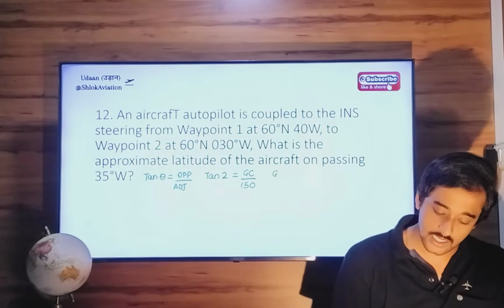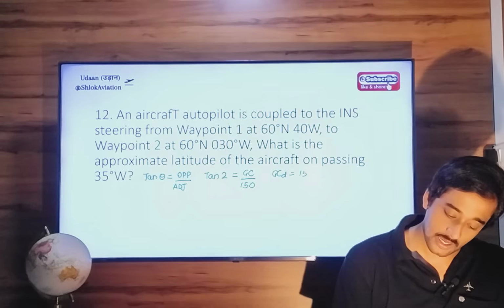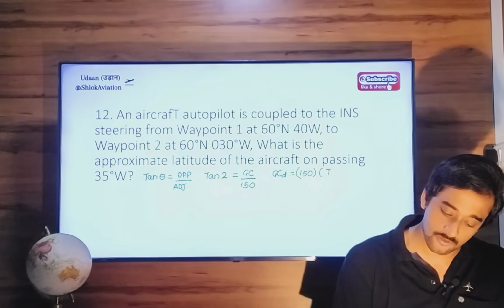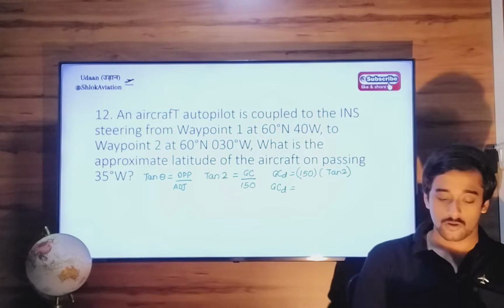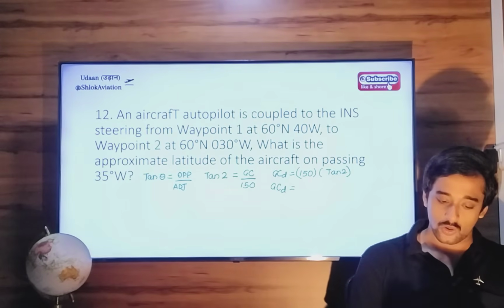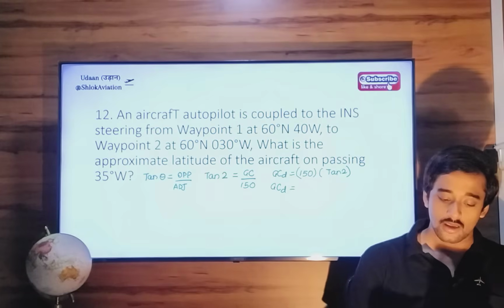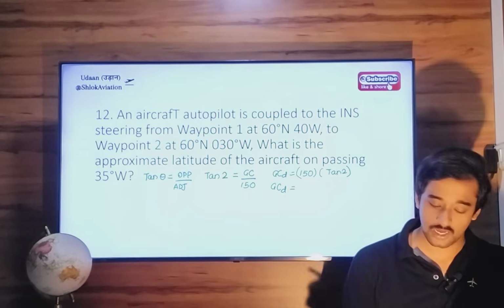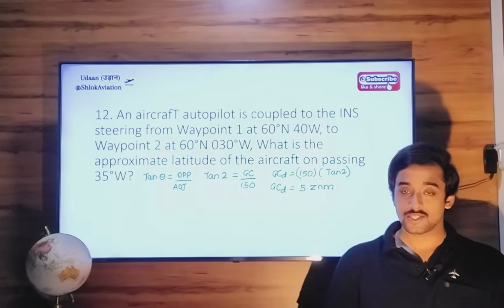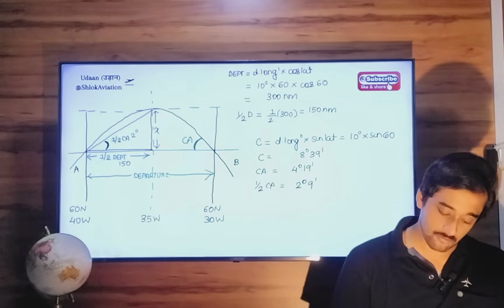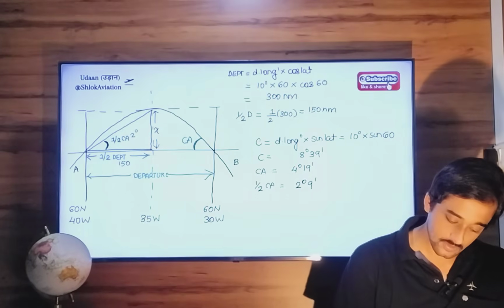So the great circle distance is 150 nautical miles multiplied by tan of 2. So tan 2 into 150 is 5.2 nautical miles, approximately 5 nautical miles. That is your great circle distance, 5.2.